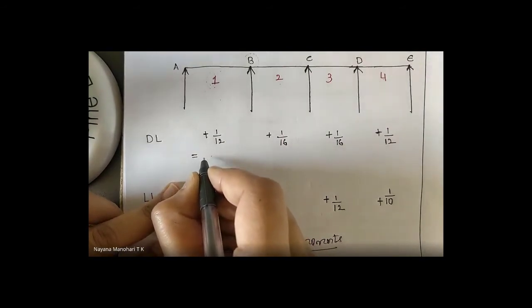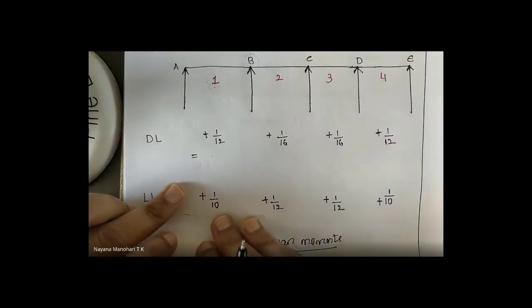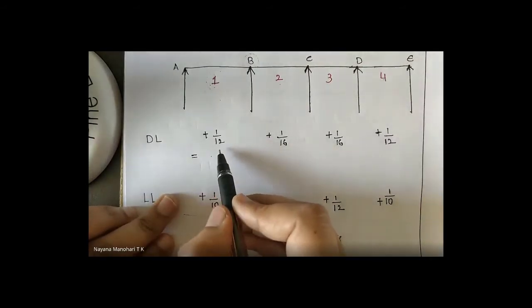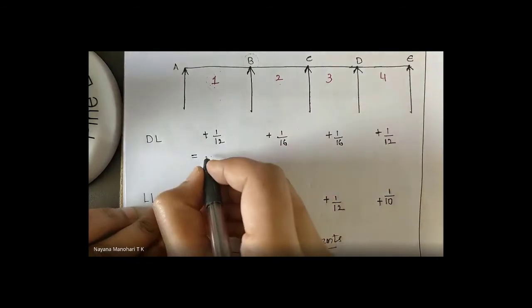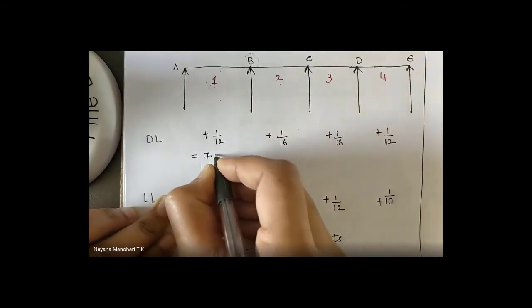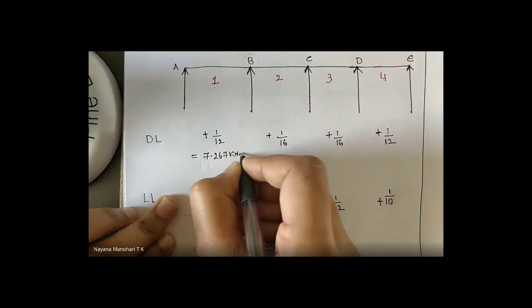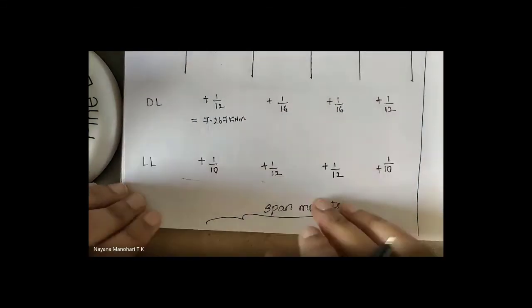That is Wu Le square into 1 by 12. You will get it as 7.267 kilonewton meter for the dead load.